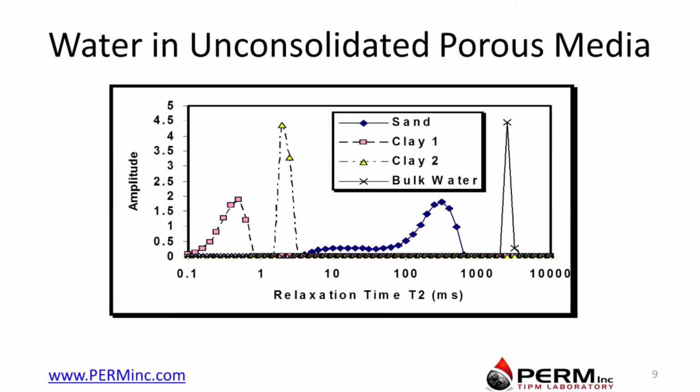And so the water signal relaxes much more quickly than it did as a bulk fluid, because now relaxation is controlled through surface relaxation. Now the pores in the sand are still quite large because this is just a loose, unconsolidated sand. So we get a distribution of most of our water, or most of our porosity, in these larger pores, and in this sand system we had some smaller pores present as well.